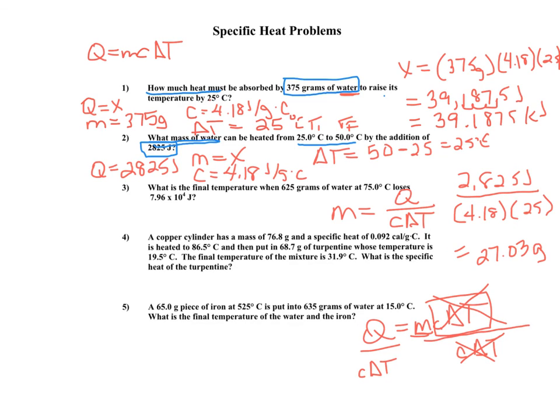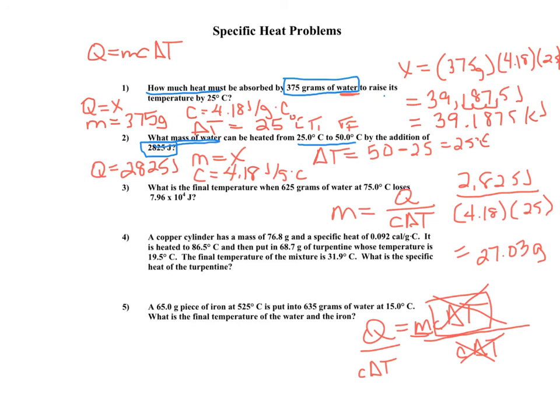All right, recap again. What happened in our problem? We were looking at a problem that said, how much mass of water can be heated to raise the temperature a total of 25 degrees, and when that happened, the total energy exchange was 2,825 joules.